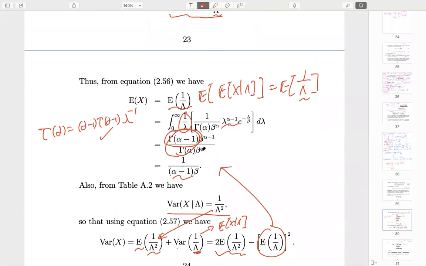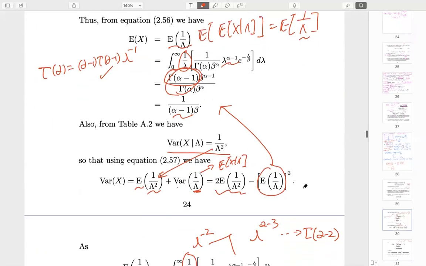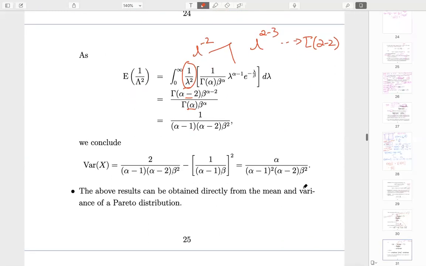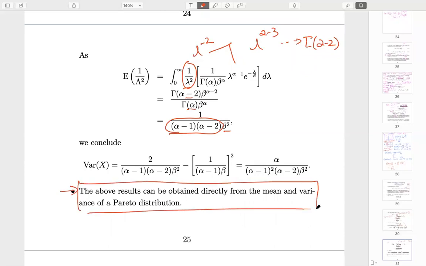You go to alpha minus 1, then go from alpha minus 1 to alpha minus 2. So you have two factors coming out from it, okay? Then you get the beta should be squared at the bottom. Then we have the final result for variance, right? So finally, you can get the same result by applying the mean and the variance formula of a Pareto distribution.